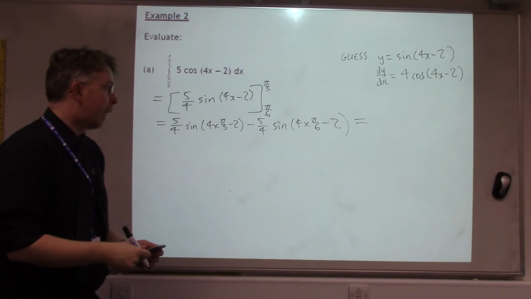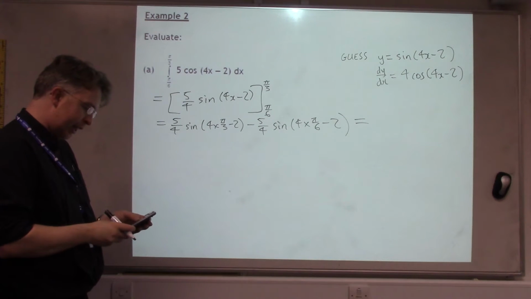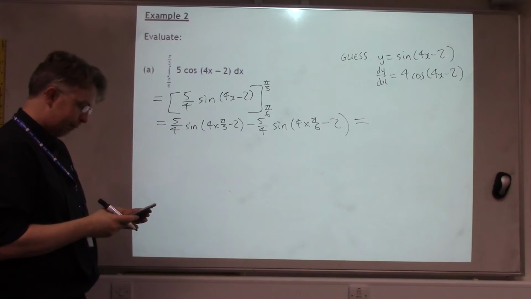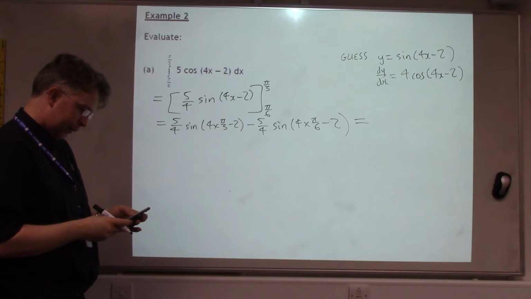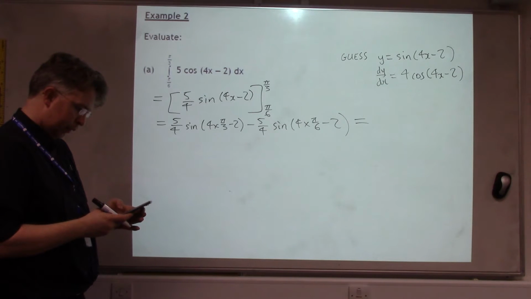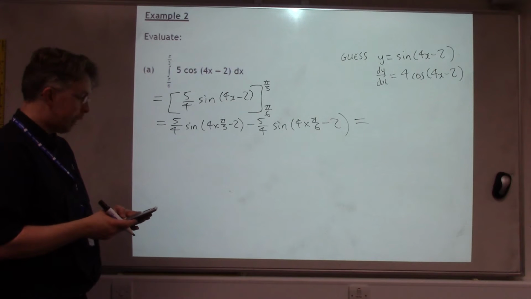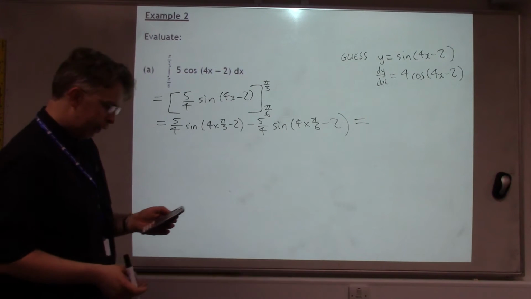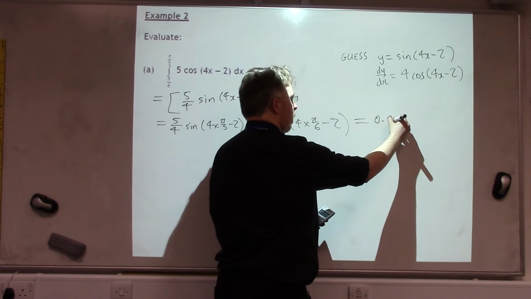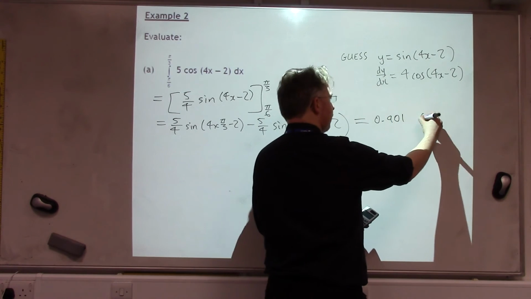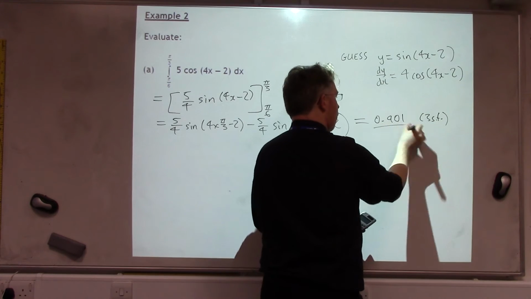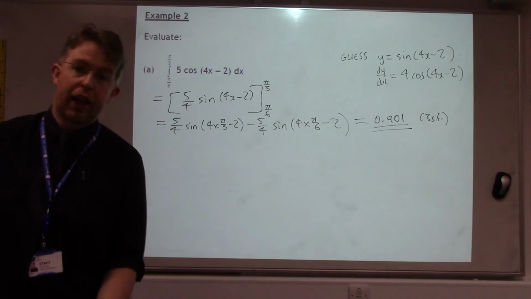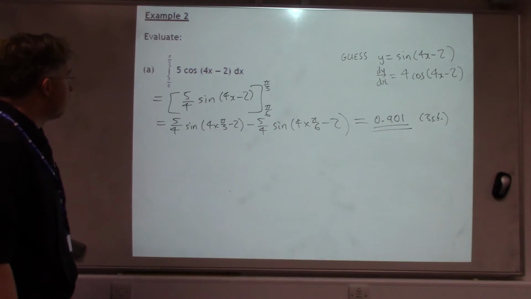So we'll be expecting a calculator generated rounded answer. So sticking it in just now, sine 4 pi over 6 minus 2 for the end. It's 3 significant figures, 0.901. But beware, many questions will give exact answers where the numbers are nicer.